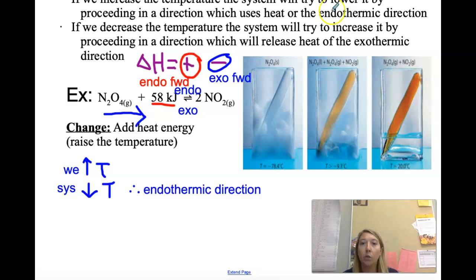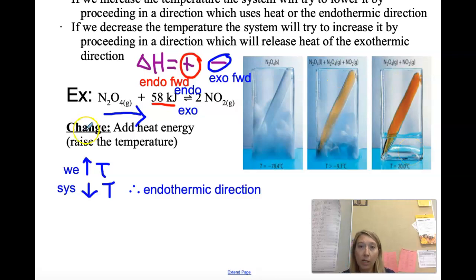Okay, so you'll notice over here there are some images. This is basically our N2O4 equilibrium tubes. You'll notice in this first picture we have just N2O4. It's colorless. If you notice, as we go this way, it gets darker and darker.